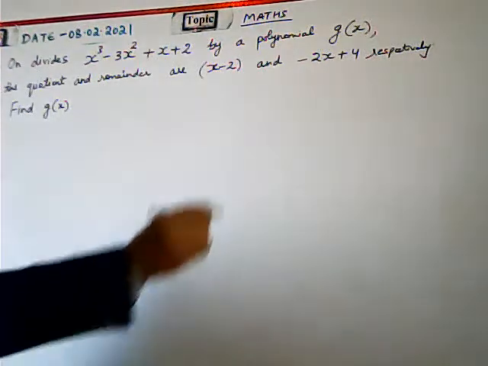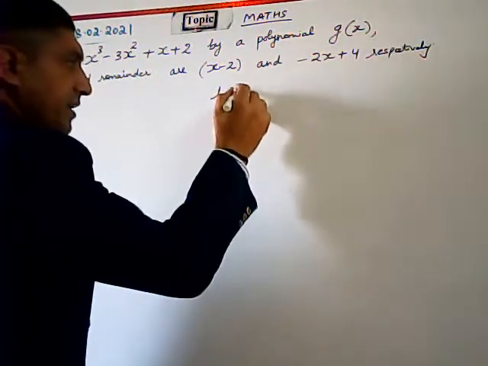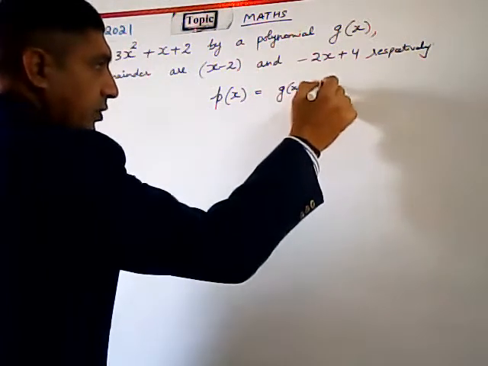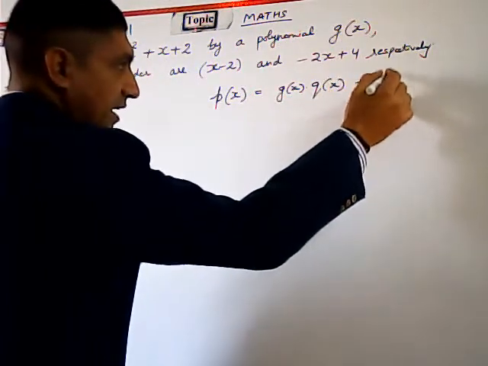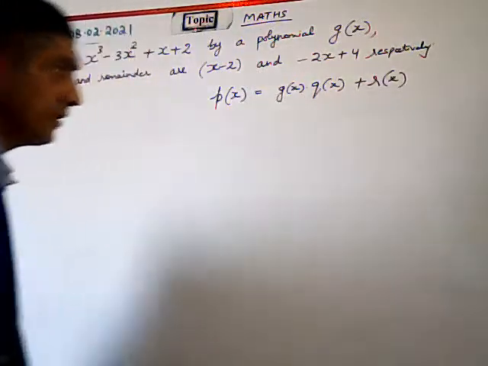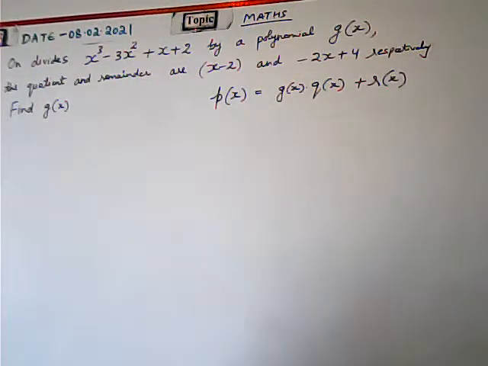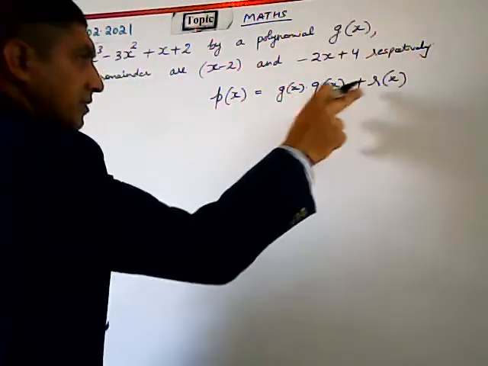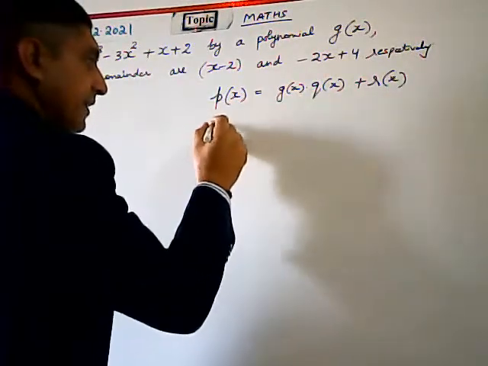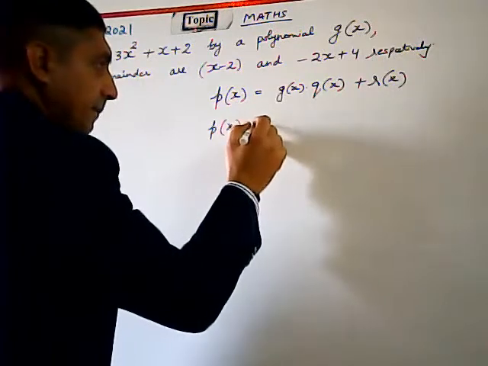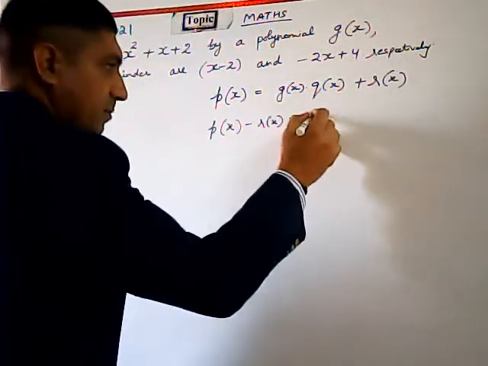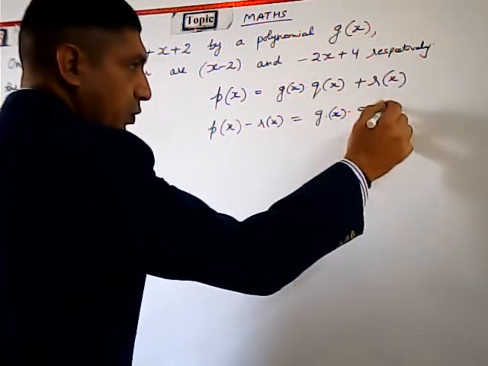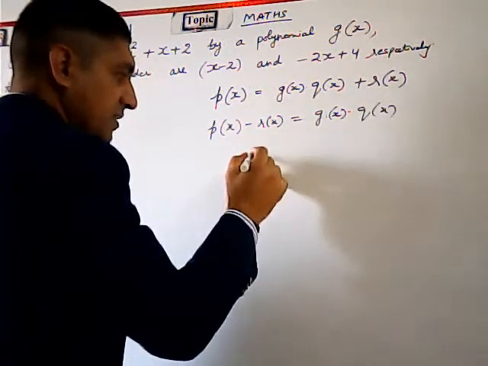So we know the division algorithm, p(x) is equal to g(x) into q(x) plus r(x), right? So we want to find the g(x) here.